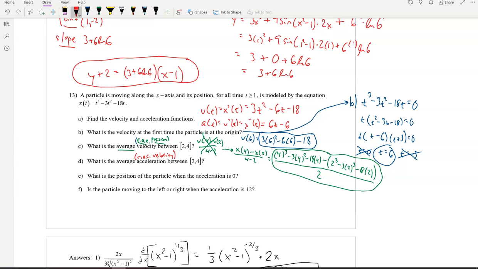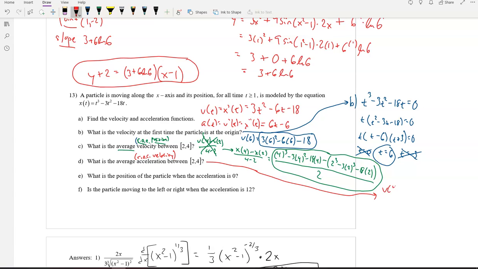Later we will develop a way to use the acceleration to find the average acceleration, but we don't have that technique yet. It's going to require integration, which is coming out of a later unit. So right now, if we want to find the average acceleration, we have to use the average rate of change formula, which requires us to use velocity, since the acceleration is the rate of change of the velocity.